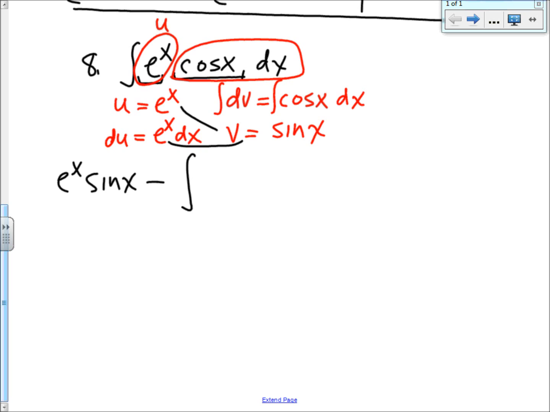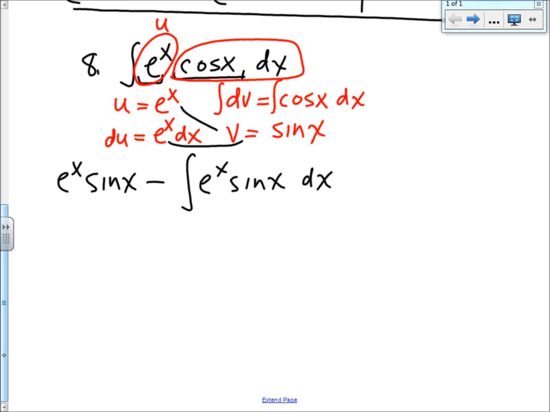This will be e to the x sine x dx. I don't know if you can see what's going to happen already. But there's good news. It looks like it's not going to end, but good news for you, it does end. So let's do it again.